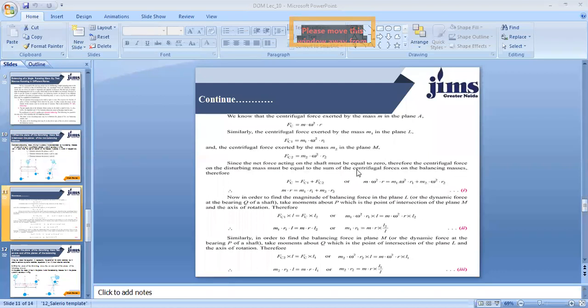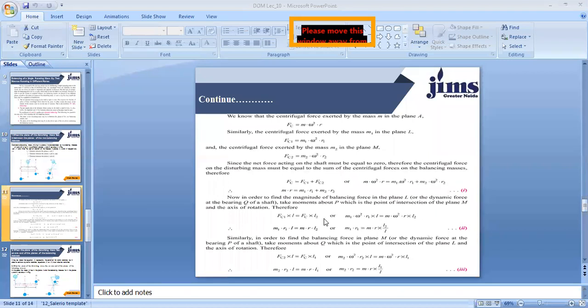Let us take omega square common, then we get the equation mr equals m1 r1 plus m2 r2. This is our equation number first. This is the condition of static balancing. Now I am going to consider dynamic balancing.